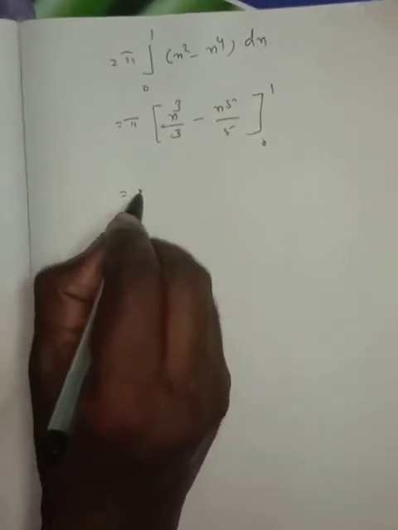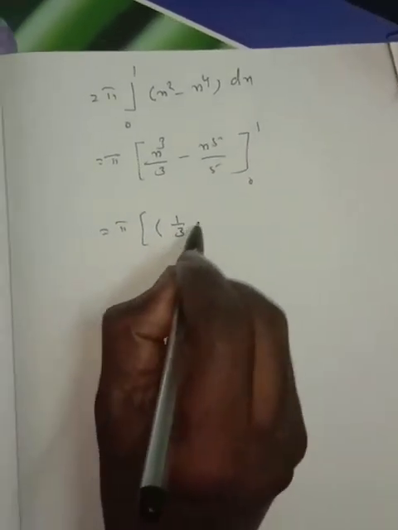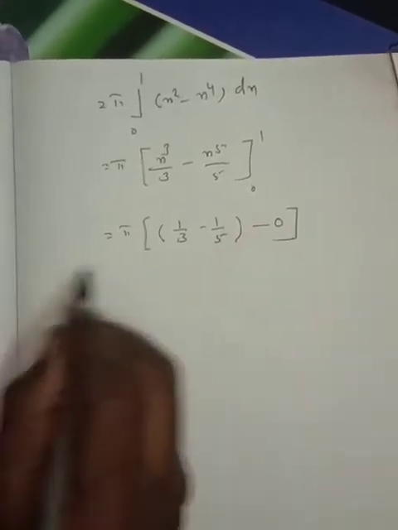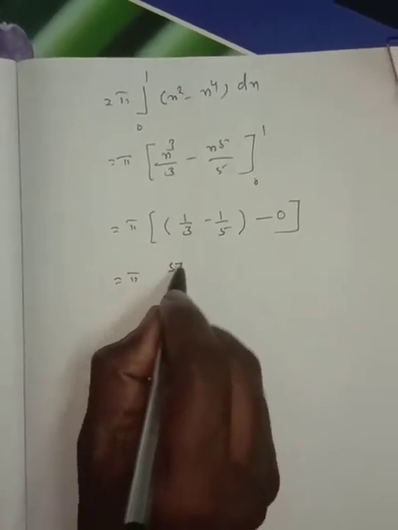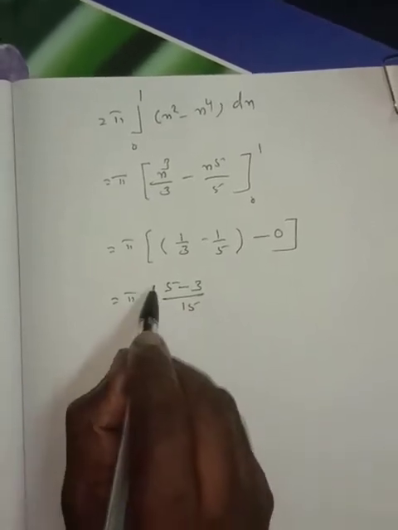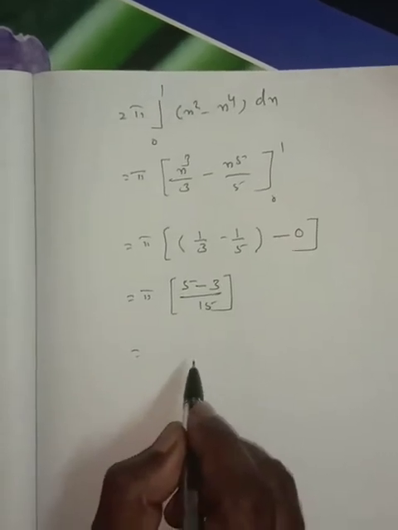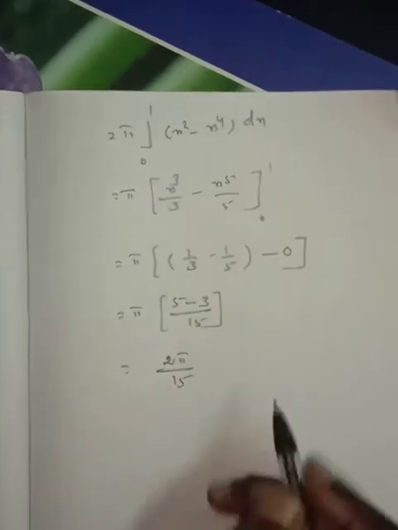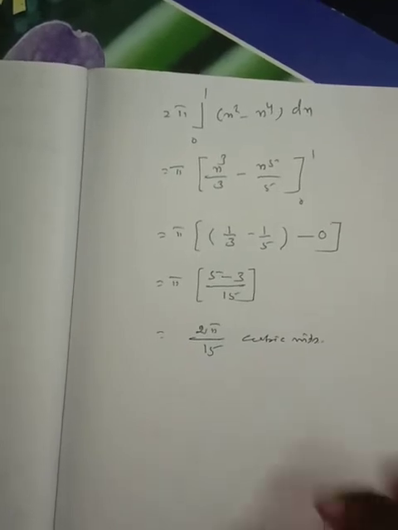Apply upper limit: 1 by 3 minus 1 by 5, apply lower limit minus 0, is equal to pi into (5 minus 3) divided by 15, which is equal to 2 pi divided by 15 cubic units.